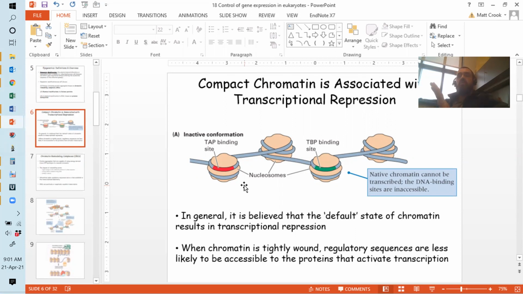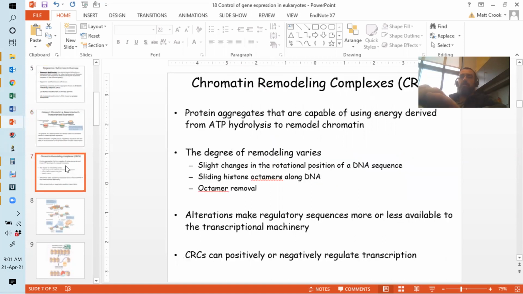We can remove them entirely, and we can do some other funky things to the histone-DNA relationship. And we do that using ATP. They're large protein complexes.